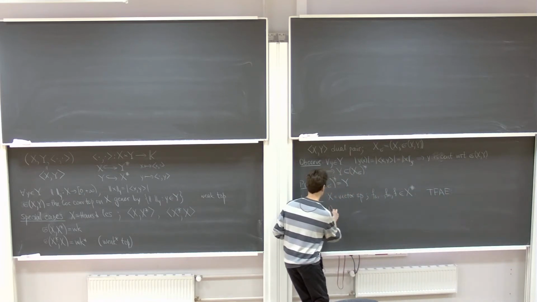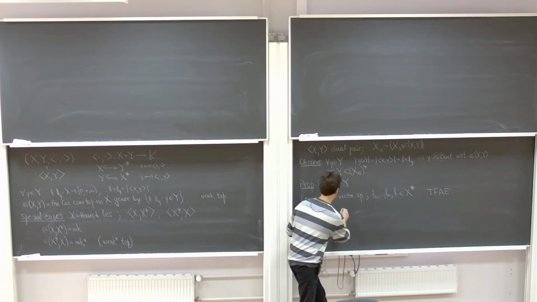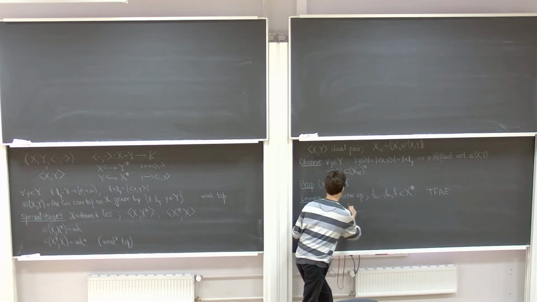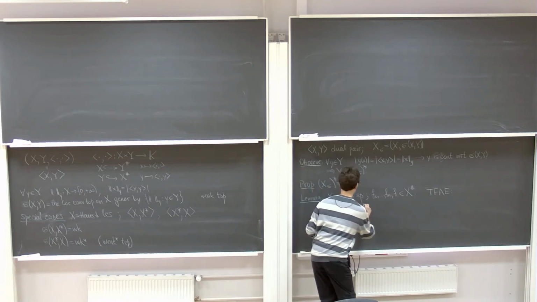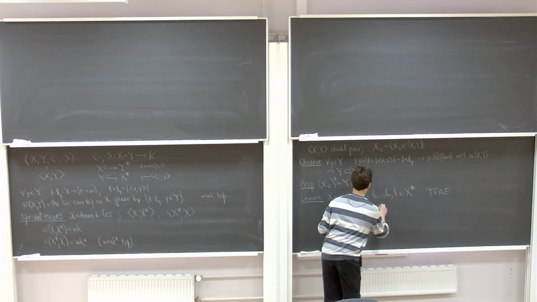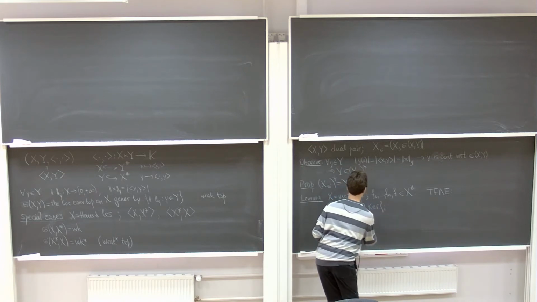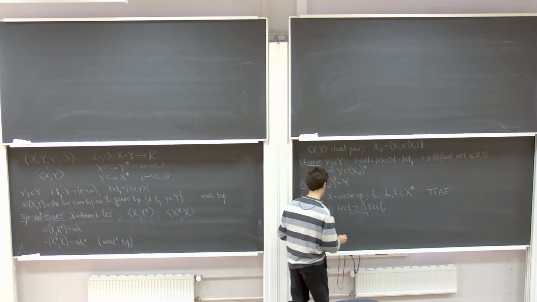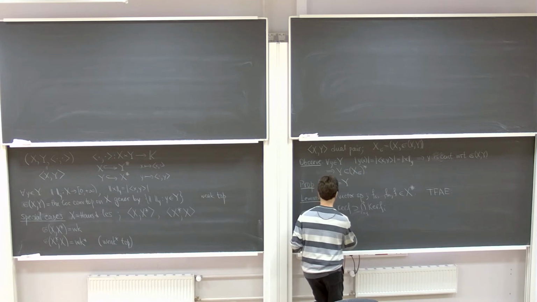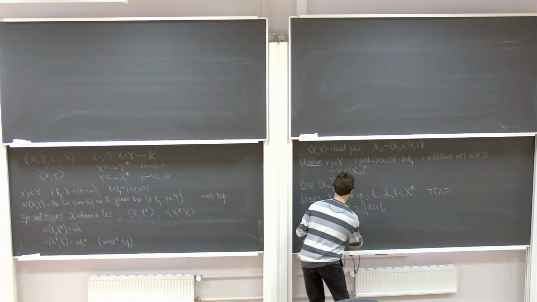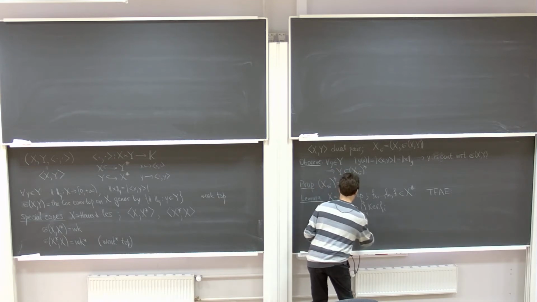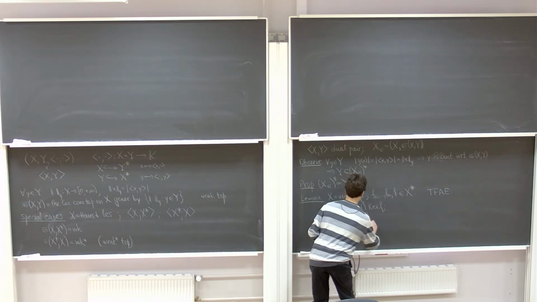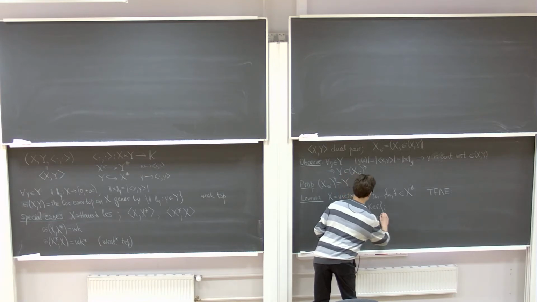Condition 1: the kernel of F contains the intersection of the kernels of the functionals F1 to Fn. And condition 2: F is a linear combination of the functionals F1 to Fn.